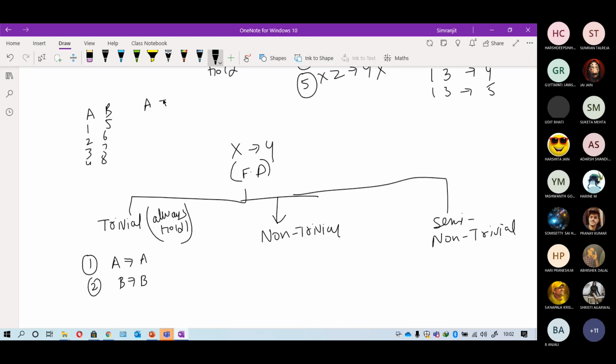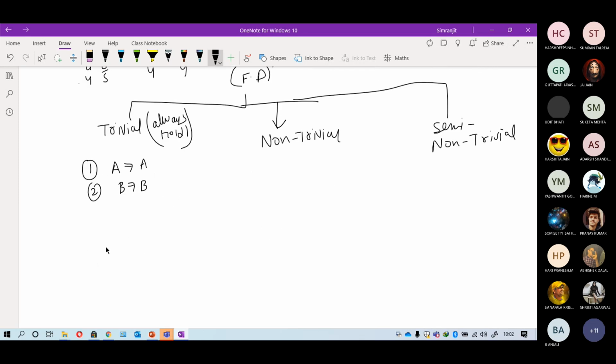So A tends to A means you have to write 1 2 3 4 and 1 2 3 4. So they will always hold. If the element is repeated, like 4, it will be 4 tends to 4 again, because A tends to A. This is referred to as trivial functional dependency. They always hold true. So trivial functional dependency is when the element is depending upon itself.